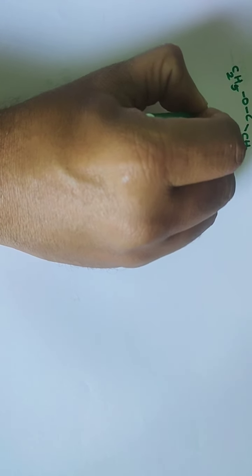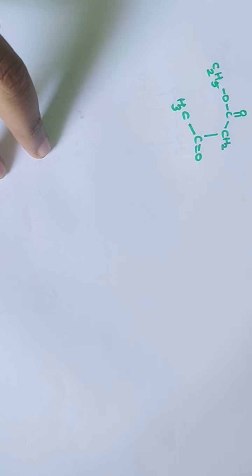Students, first the intermediate that I am going to write is C2H5O C double bond O CH2 C double bond O CH3. Right, this is the molecule.